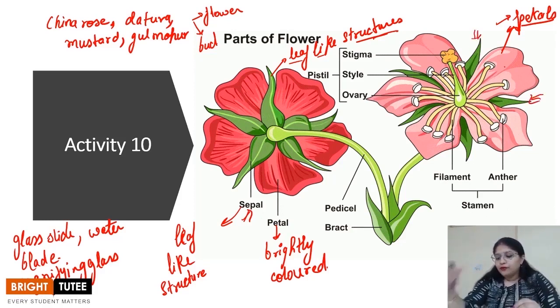Now if you look at this flower, you will see that the petals are different. That means these are not joined together, these are separated. So if you want, you can simply pluck out the petals, right? For this activity, I would suggest that you take a big white chart, and whatever flowers you've taken, just pluck out the petals from there and arrange them.